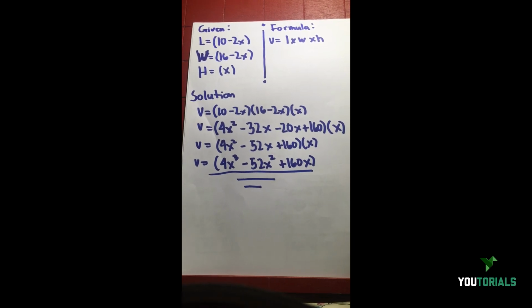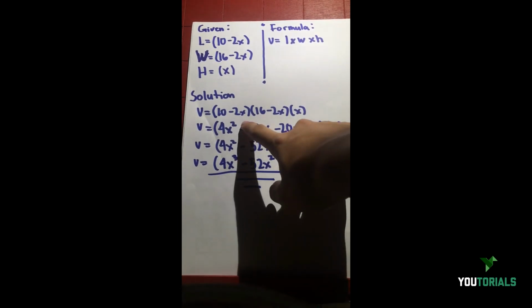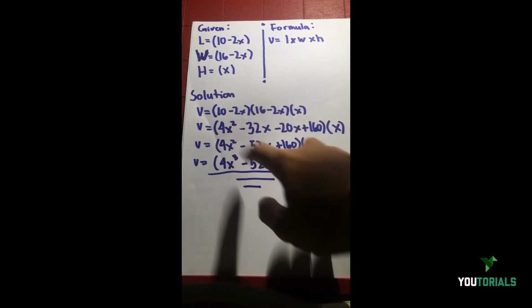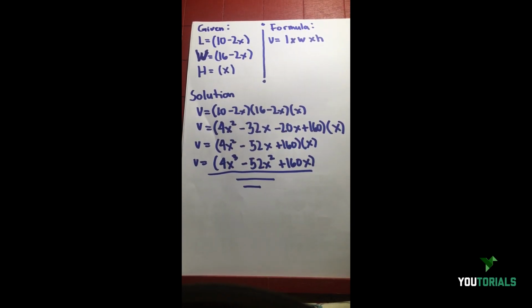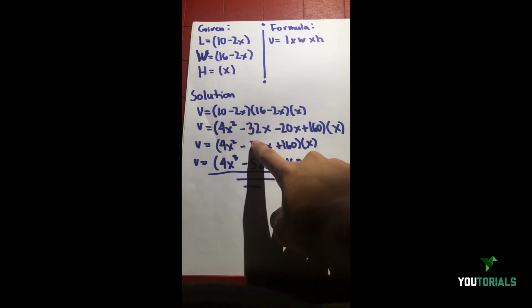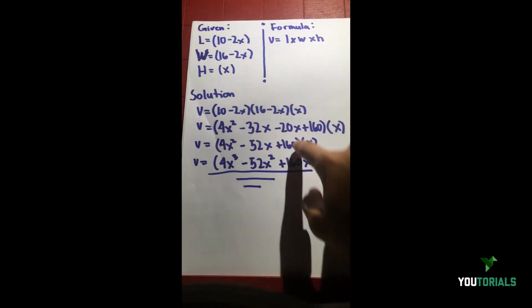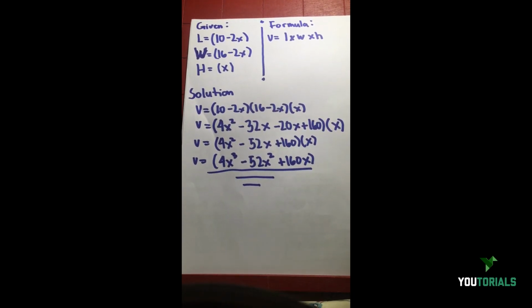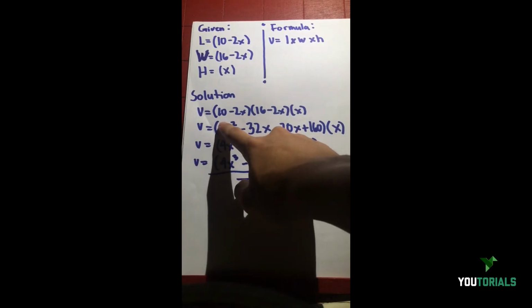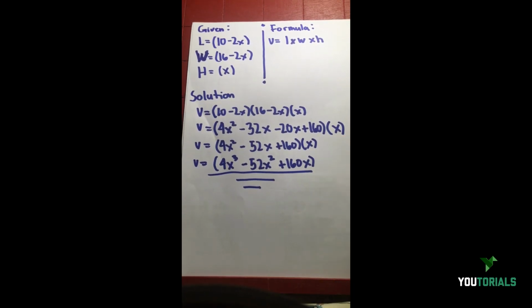Now, I solve the x's first, so negative 2x times negative 2x, 4x squared. Then negative 2x times 16, negative 32x. Then 10 times negative 2x, negative 20x. Then 10 times 16 is equal to 160, times x.